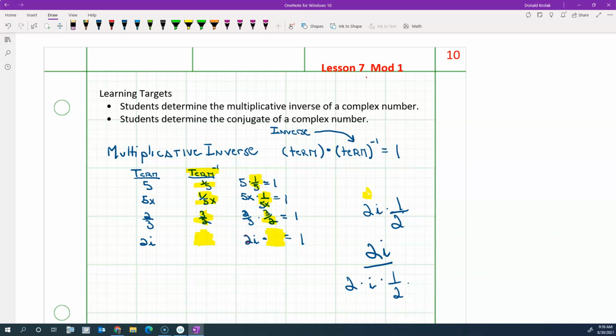Because remember, you can't have i in the denominator. Okay, would that equal 1? So these would cancel, but you'd end up with -1, because that's going to be i squared, and that's -1. So it would be -1 over 2. -1/2 i.